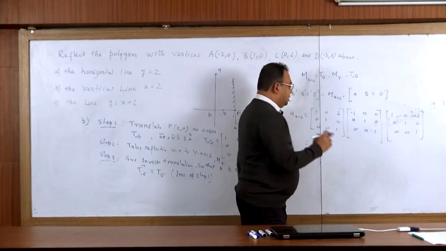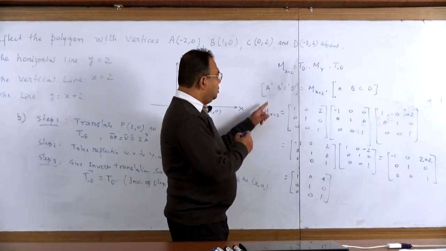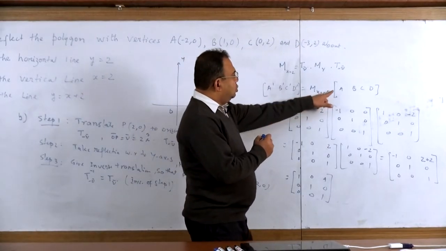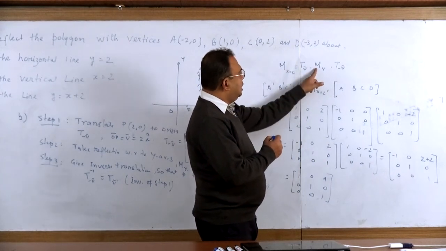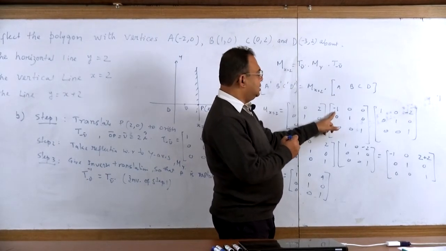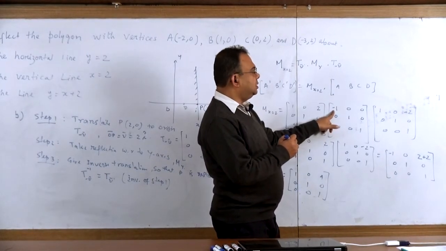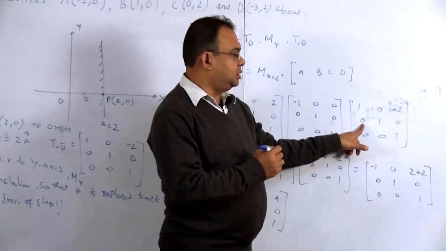After multiplying these, we will get the result. T V is this, M y, the mirror reflection with respect to the y axis, is given by this matrix operator, and T minus V is given by this matrix.